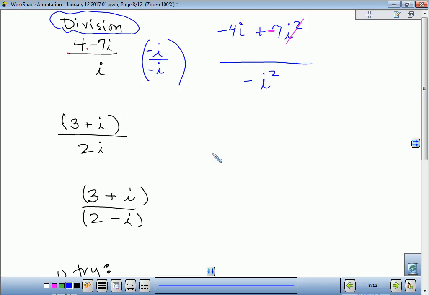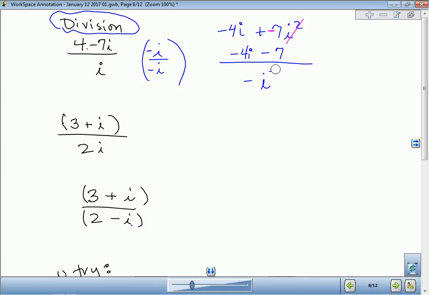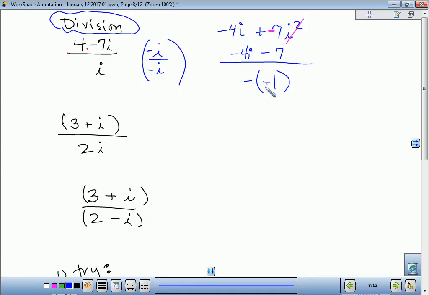So this becomes 4i minus, I just don't like that one. And this negative i squared, we said i squared is negative 1, and minus a negative makes a positive. So it's 4i. And so the answer is negative 7 minus 4i.